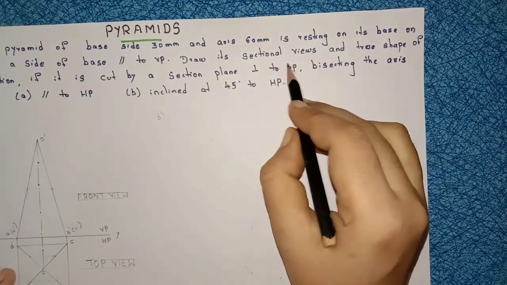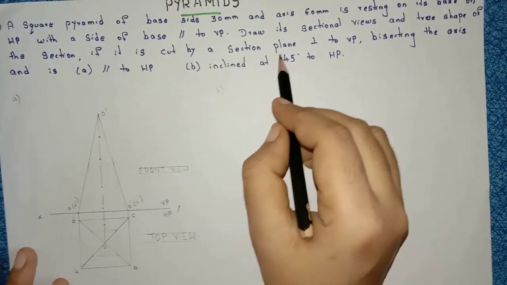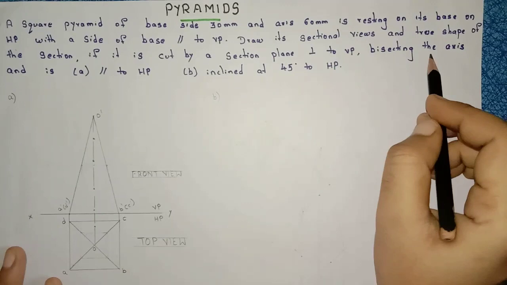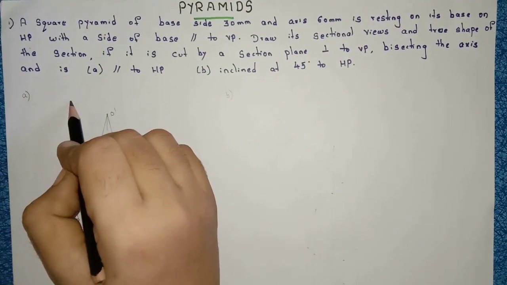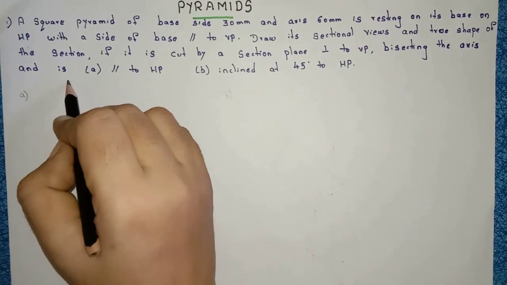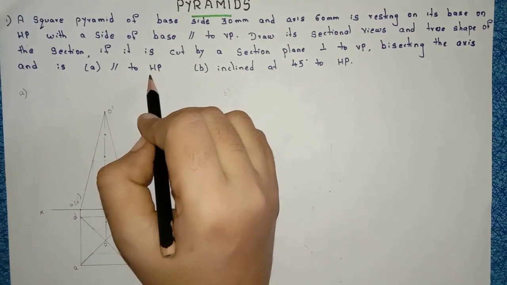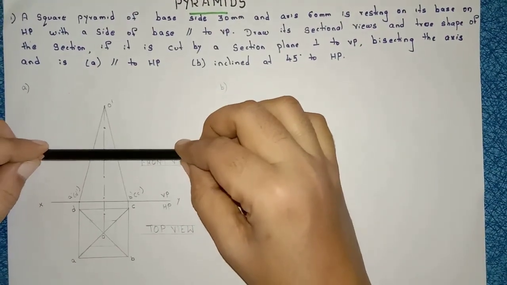Draw its sectional views and true shape of the section if it is cut by a section plane perpendicular to VP bisecting the axis. So two conditions they mention here: perpendicular to VP, bisecting the axis, and what's your A part? Parallel to HP. So suppose I am drawing a sectional plane like this.